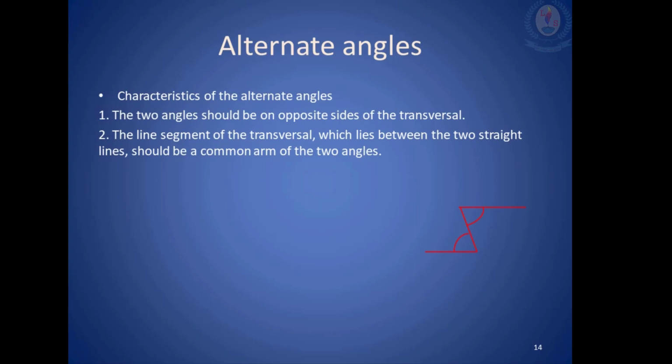This is like the letter Z. Can you identify the pairs of alternate angles in this figure? What are they? C and F as well as D and E. They are pairs of alternate angles in this figure.